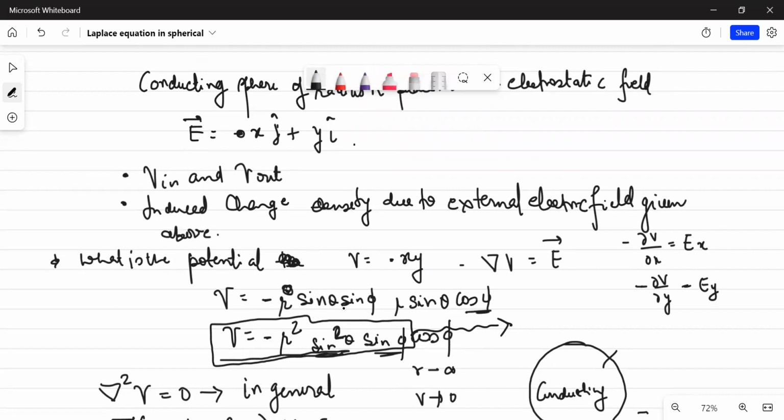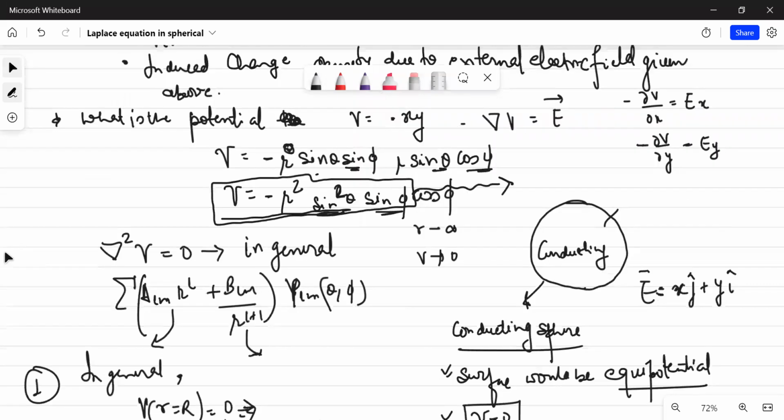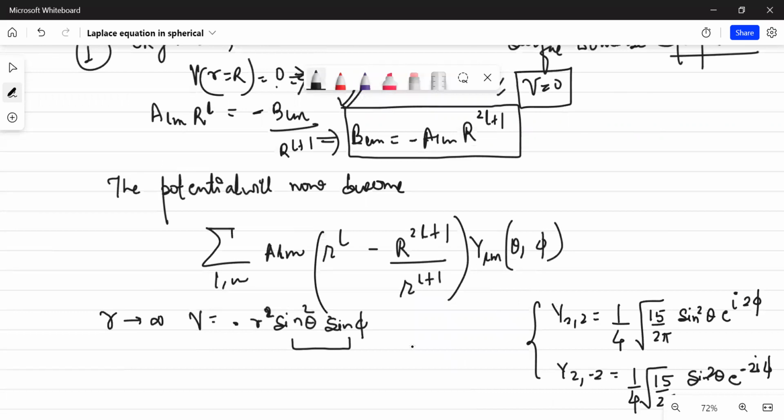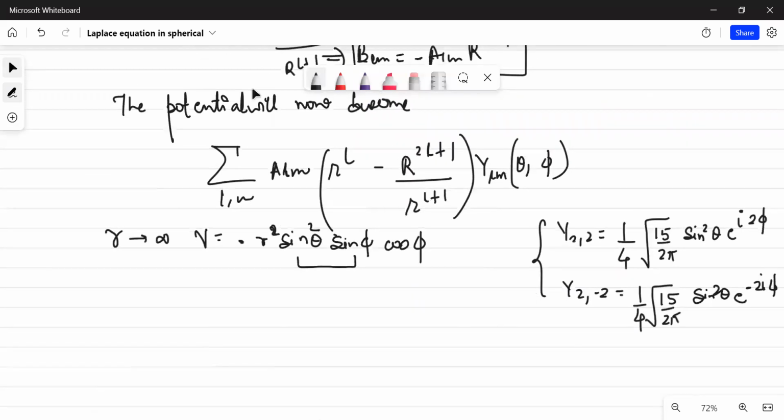Because this is cos phi, sine phi is here, sine square theta is here. So now at least things are coming the way we want. So I will first write my potential V as minus r square sine square theta sine 2 phi divided by 2. At least now things are easy.